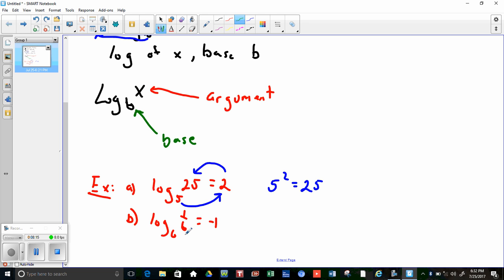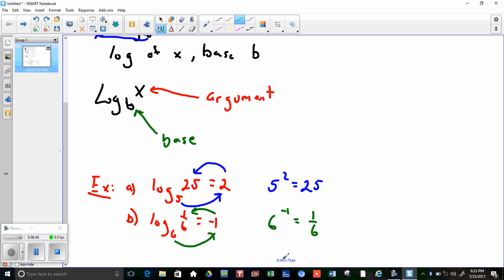So that means to change this thing into an exponential, because this has to be a true statement that they gave me, it would be 6 to the -1 equals 1/6. And that is a true statement because 6 to the -1 is the reciprocal, 1 over 6, which is 1/6. So we've changed this log into an exponential.